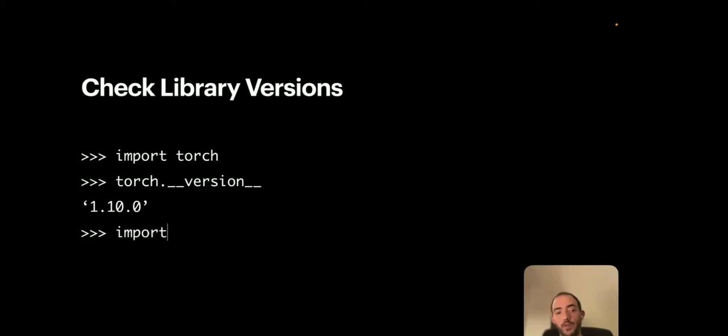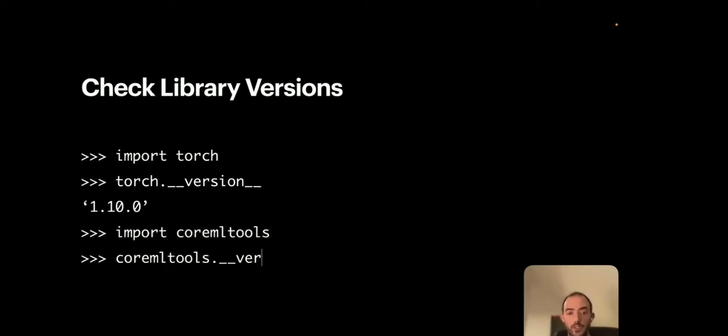And you can do the same thing for Coreml Tools. We can import it and then see what the version is to make sure that we have at least something greater than 5.0. I think older than 5.0 won't work for what we want to do today. And a torch version older than 1.10 probably won't work either.